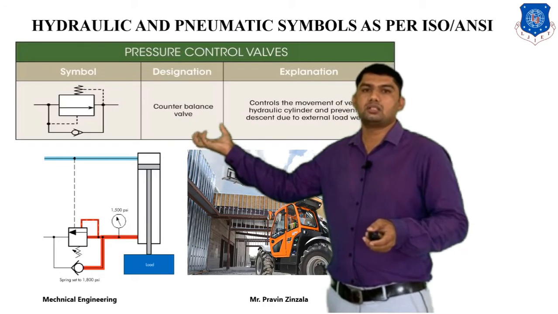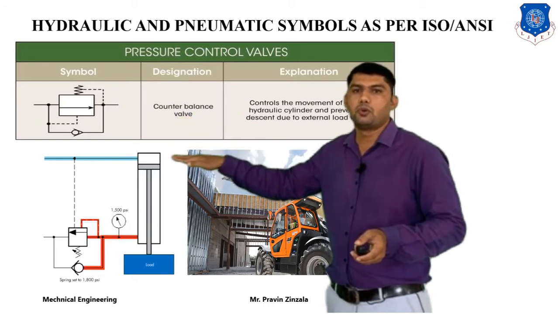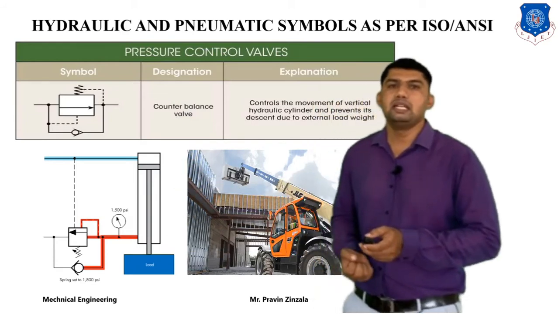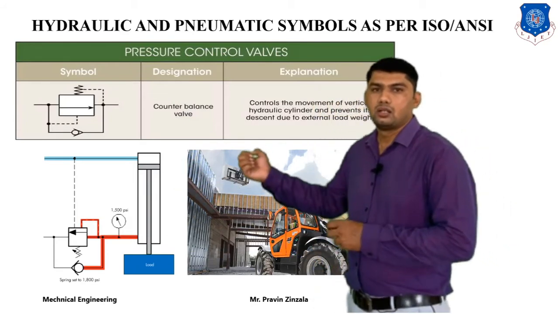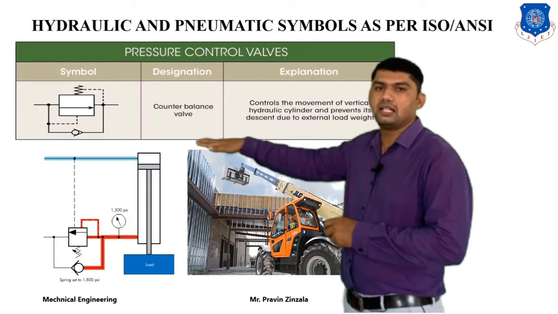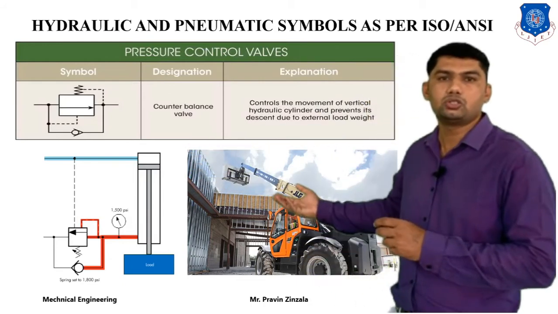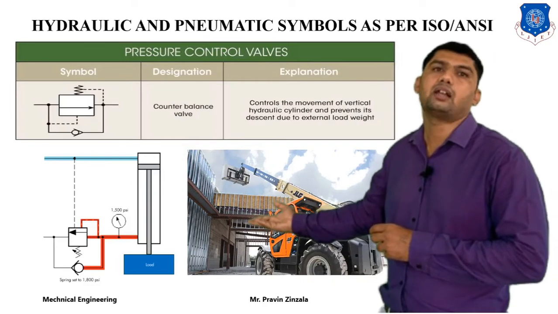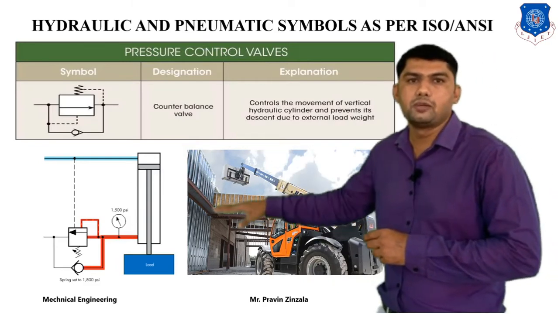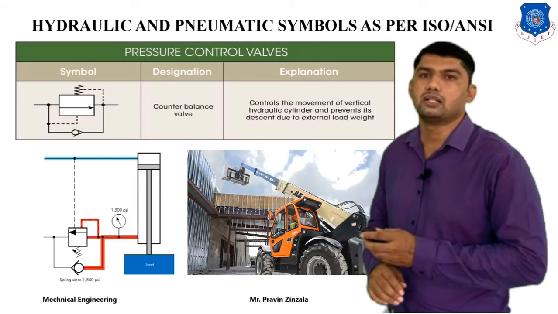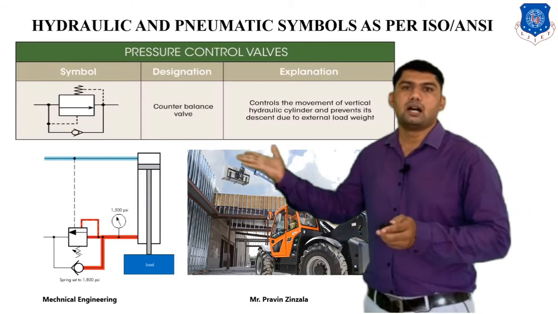But during the down position, due to the weight of the load, the speed of the cylinder will increase. For precise operation, the cylinder speed is maintained according to our requirement. It is also used in a hydraulic crane. For the unloading position, its speed is maintained according to our requirement. That's when the counterbalance valve is used.